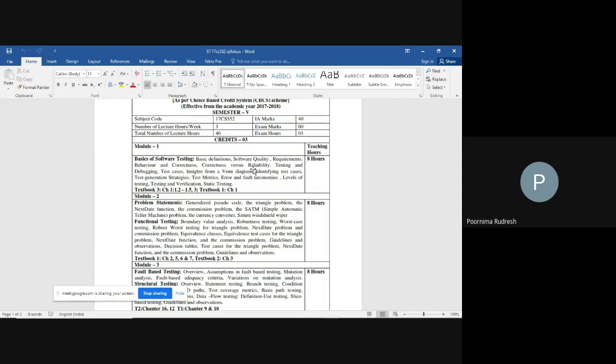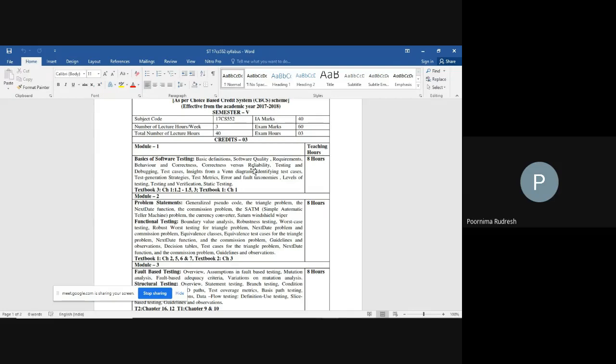Next, the comparison of correctness and reliability. You first study correctness and then reliability, then we compare them.